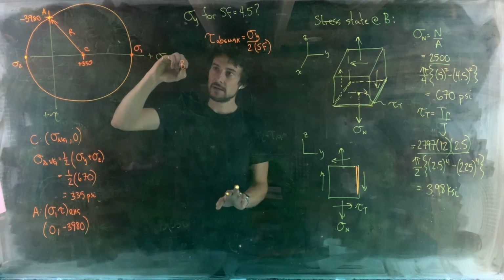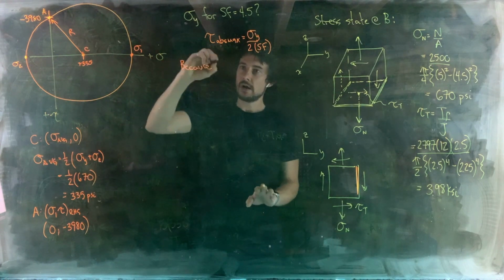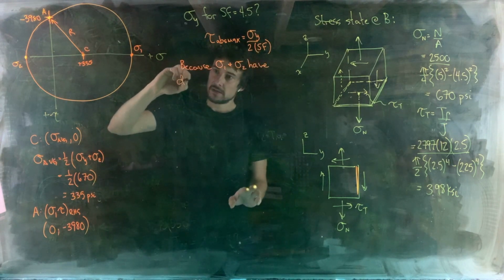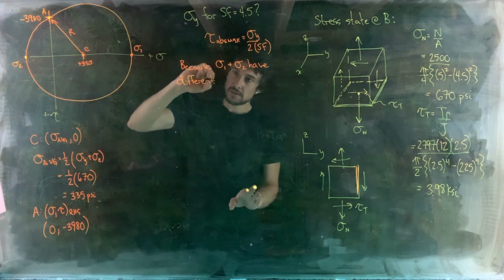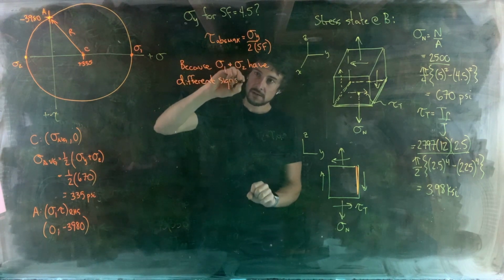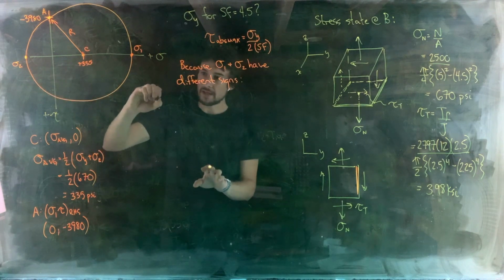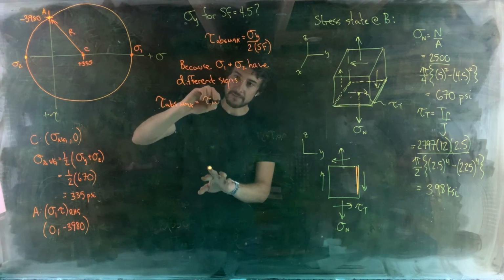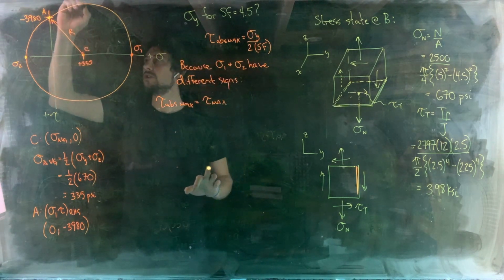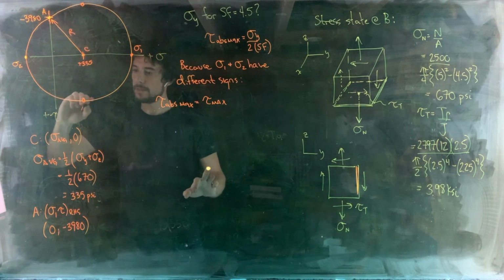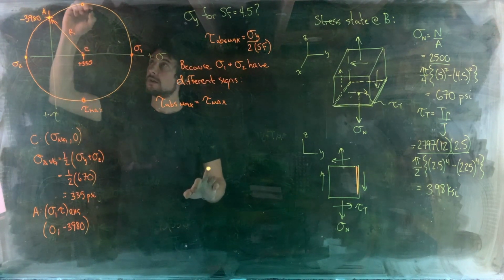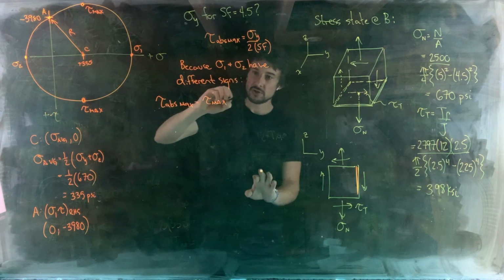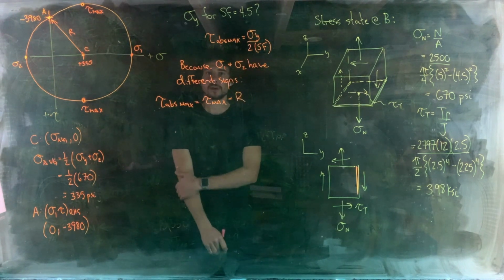Because sigma 1 and sigma 2 have different signs, so one's positive, one's negative, then the absolute maximum shear stress is the maximum shear stress on the circle, which is the points at the top and the bottom, tau max, which are in turn equal to the value of the radius of the circle. Okay.